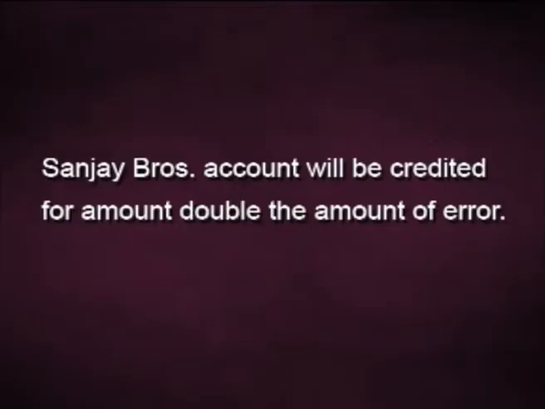I hope you also understand that this error is affecting only one account, that is Sanjay Brothers account. The other account in the entry will be suspense account in this case. What is more important to understand here is that Sanjay Brothers account will be credited for the amount double the amount of error.